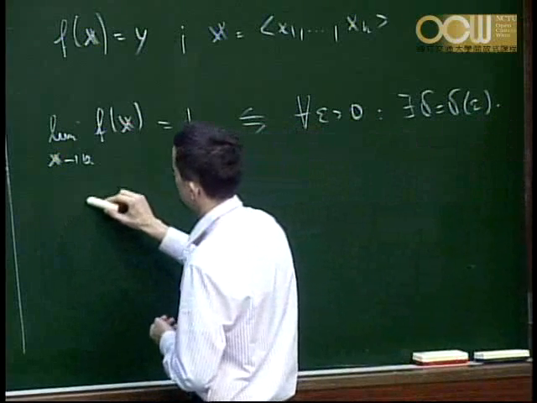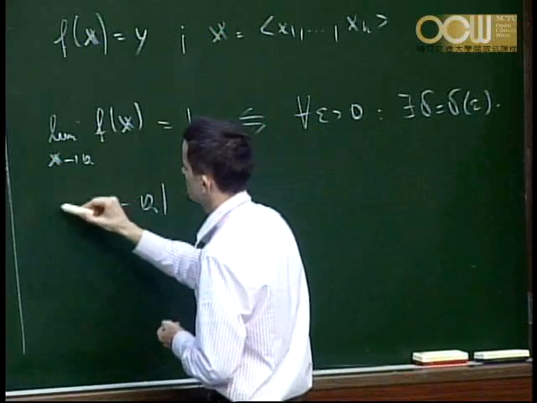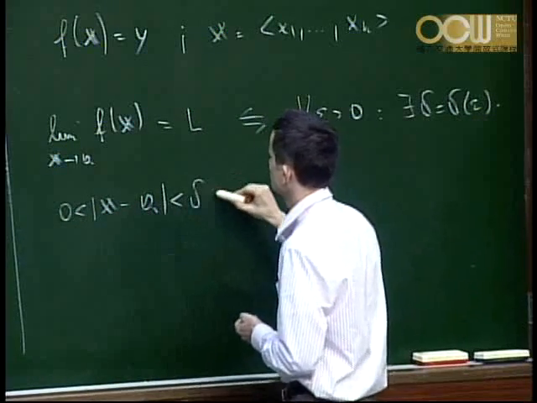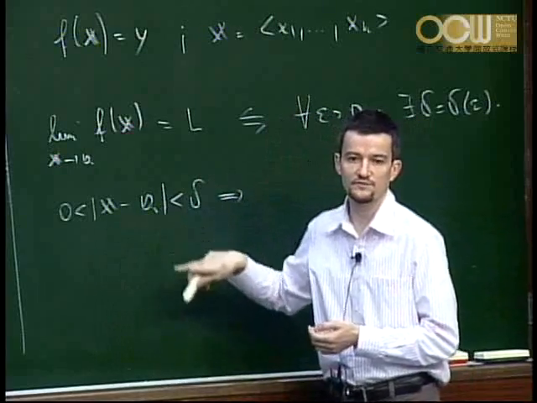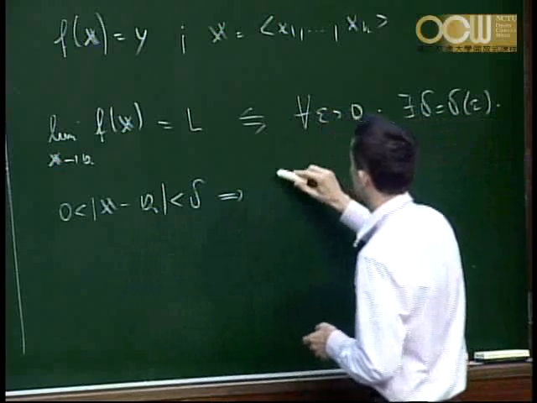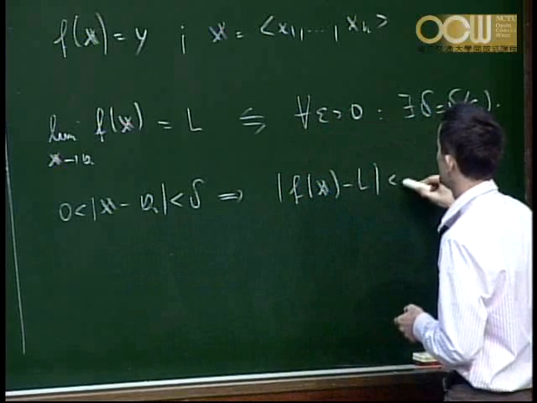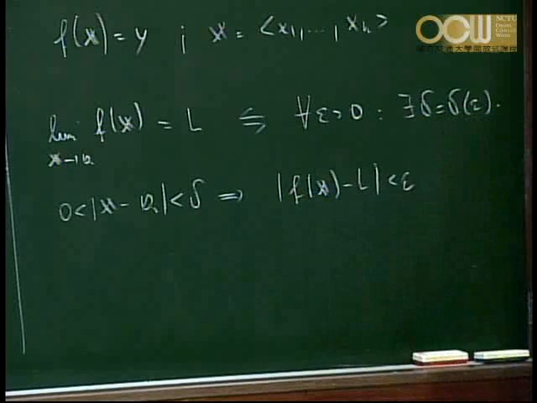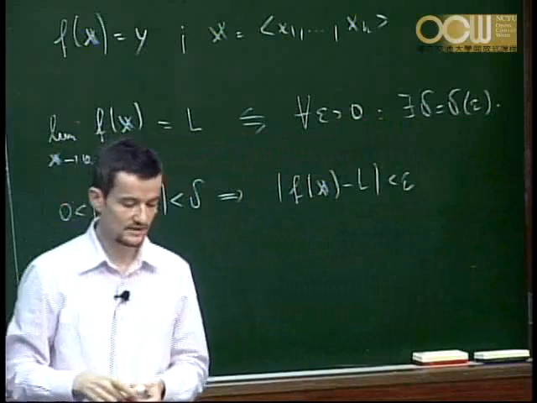For all x, if the distance of x and a is larger than 0 and smaller than delta, but of course here we have a different distance, the usual distance for two vectors, the Euclidean distance, then the function value will be within an epsilon distance of L. So this is the usual definition for the limit.